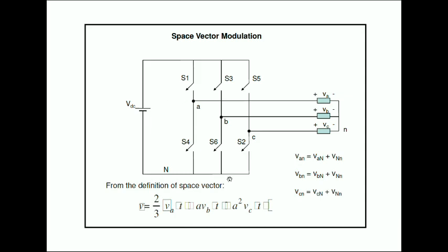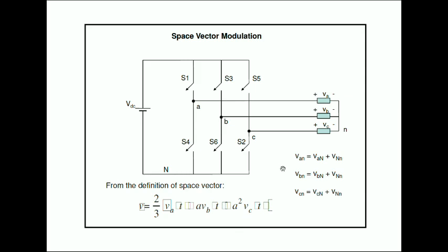From the definition of space vector modulation, V is equal to 2 by 3 into VA of t plus A VB of t plus A square VC of t. Now consider VAN, the voltage between A and small n.